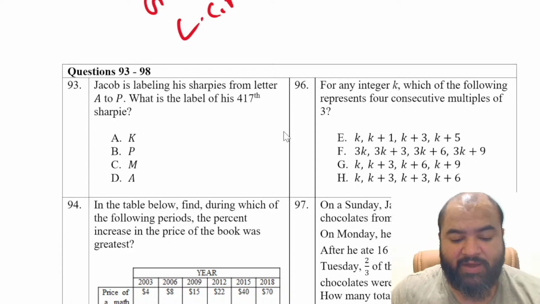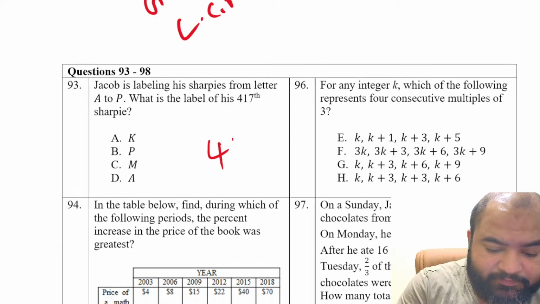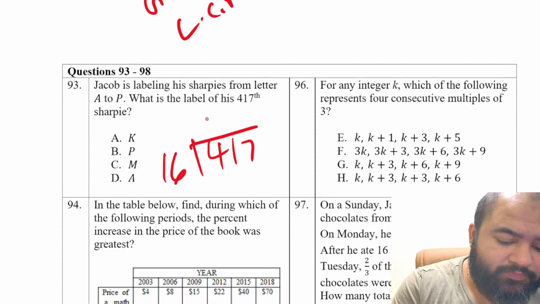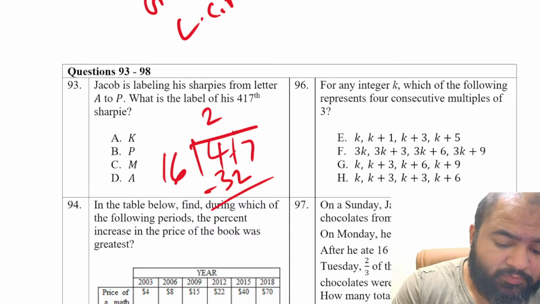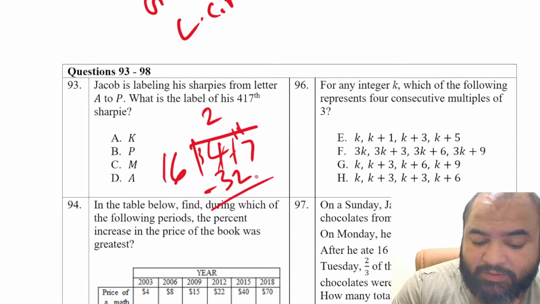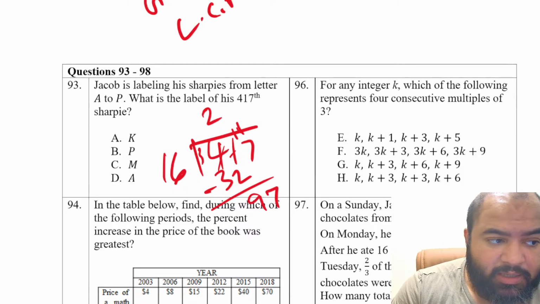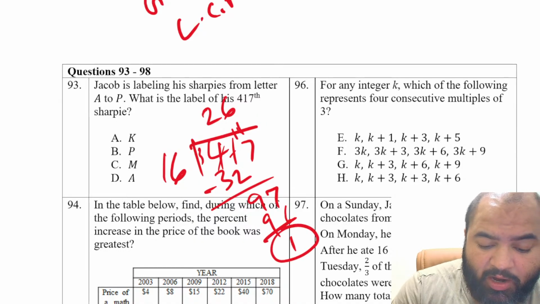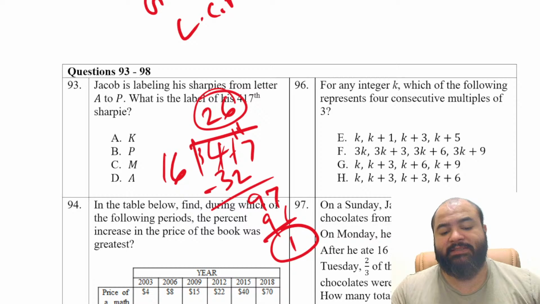So we just divide 417 by what? 16 letters, so 16. 11 minus 2 is, well, 9. 6. So remainder 1. So 26 sets of letters.